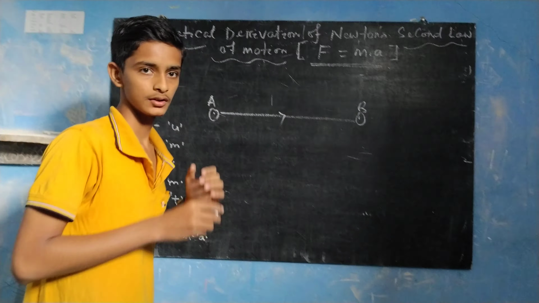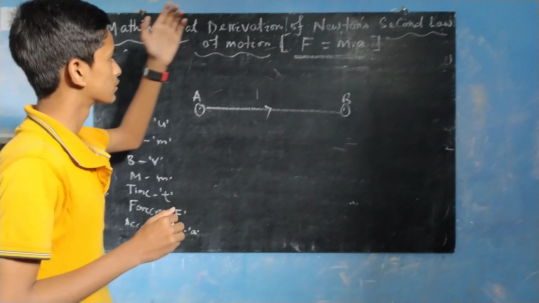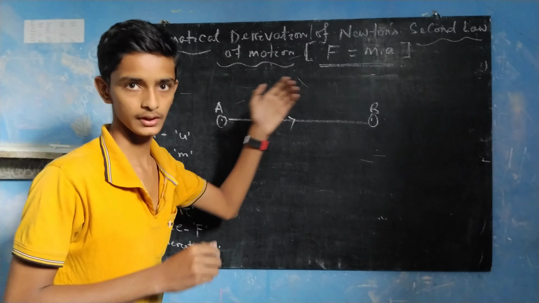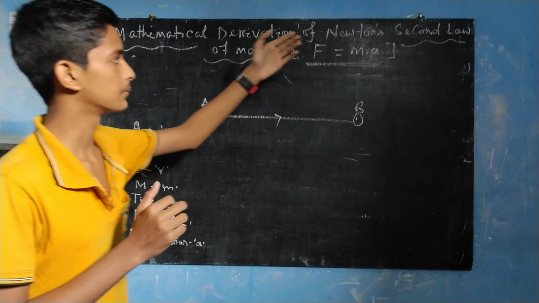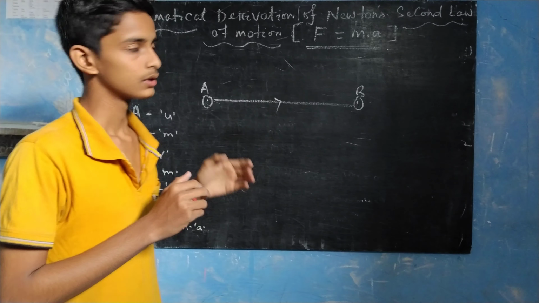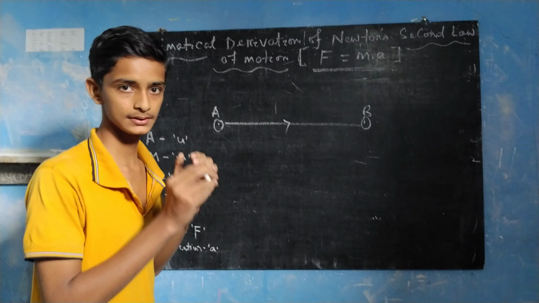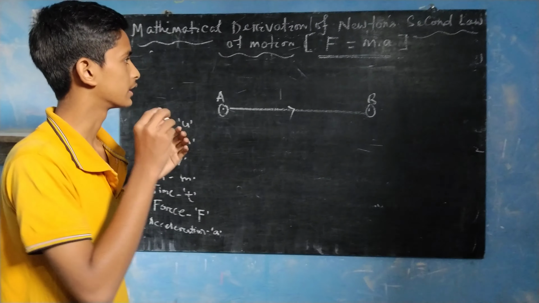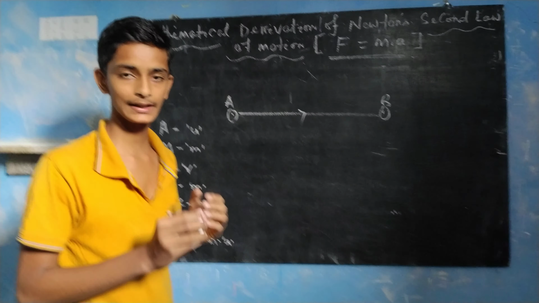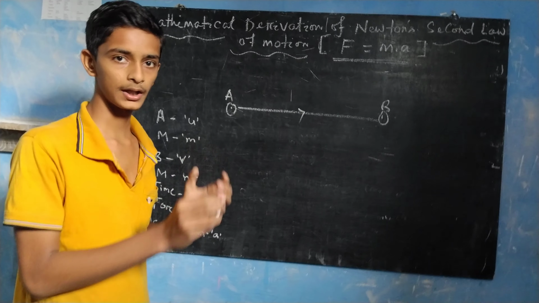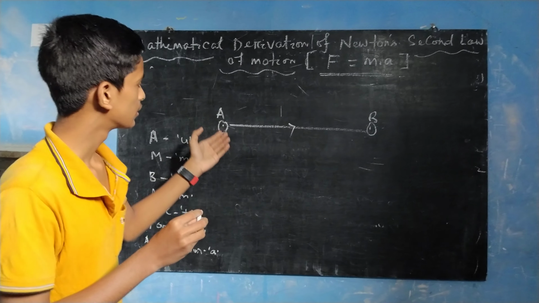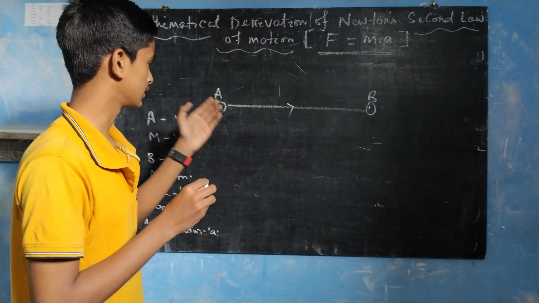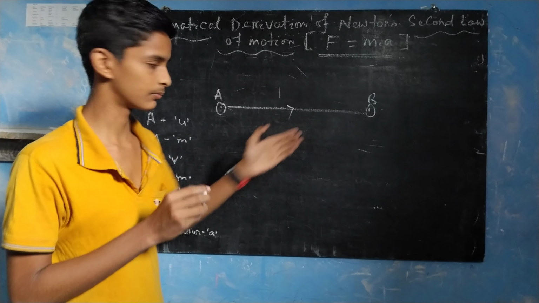So friends, we know that Newton's second law of motion establishes the relationship among the force, mass and acceleration. Newton's second law of motion states that the rate of change of momentum is directly proportional to the applied unbalanced force in the same direction. So here there are two momenta, initial momentum and final momentum.